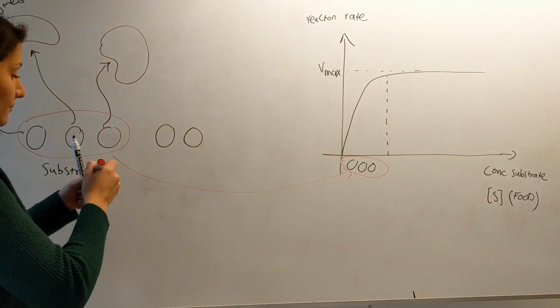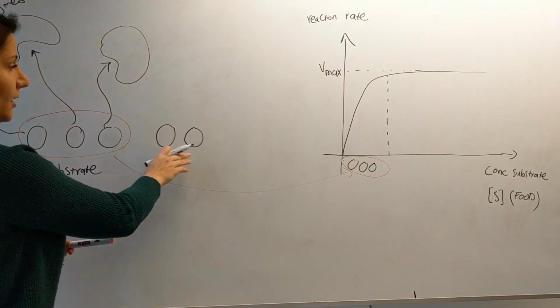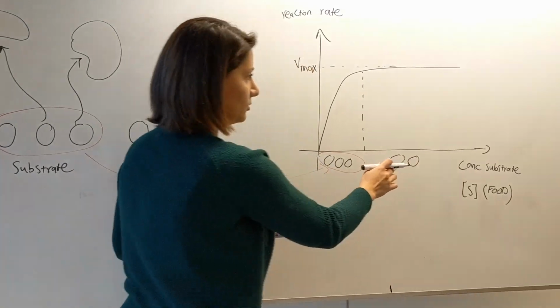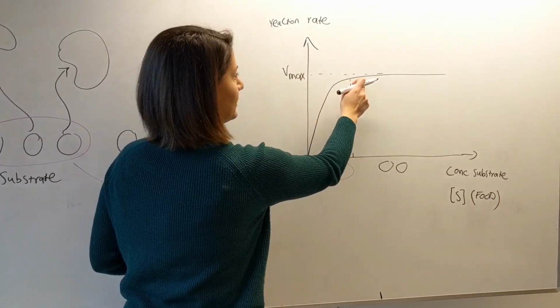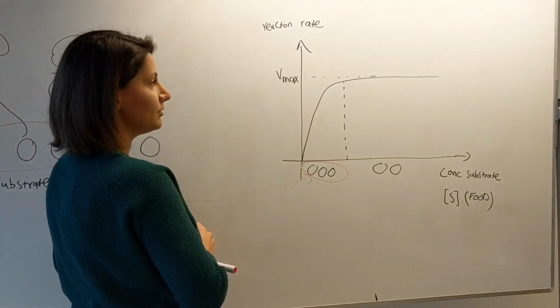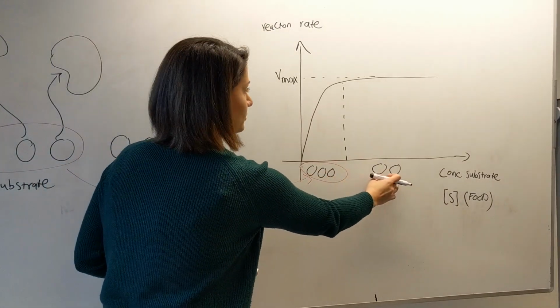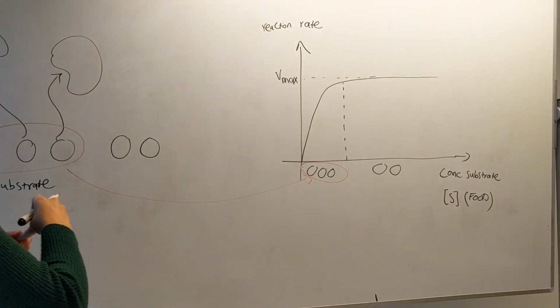But when we add more substrates, like here, they don't really affect the reaction rate, and the reaction rate reaches the Vmax, the maximum value of the reaction, and they don't affect the reaction rate.